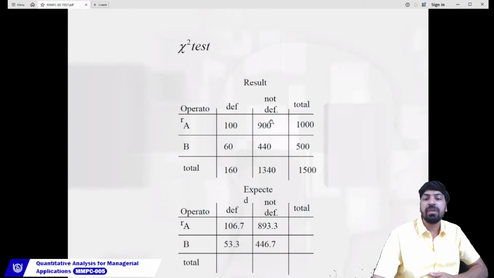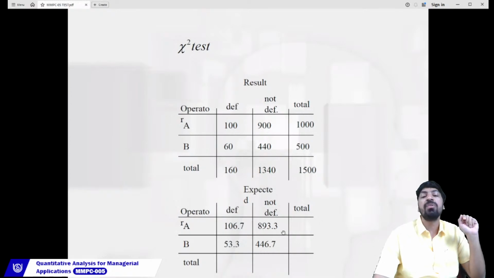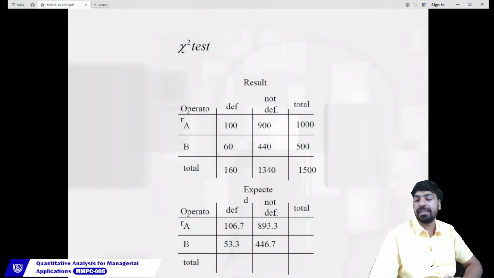How the expected frequency of non-deafness has been calculated, that is 900, row total into column total by 1500, 450 row total into column total by 1500. So once you do the calculation, the exact values have been written on the screen, that is 893.3 and 446.7.